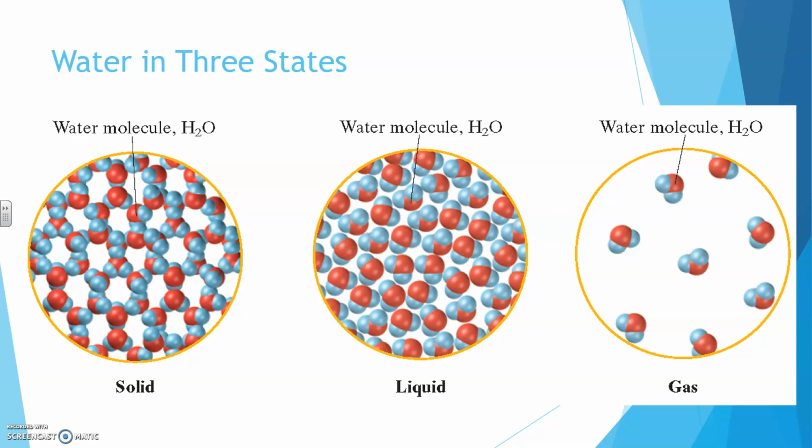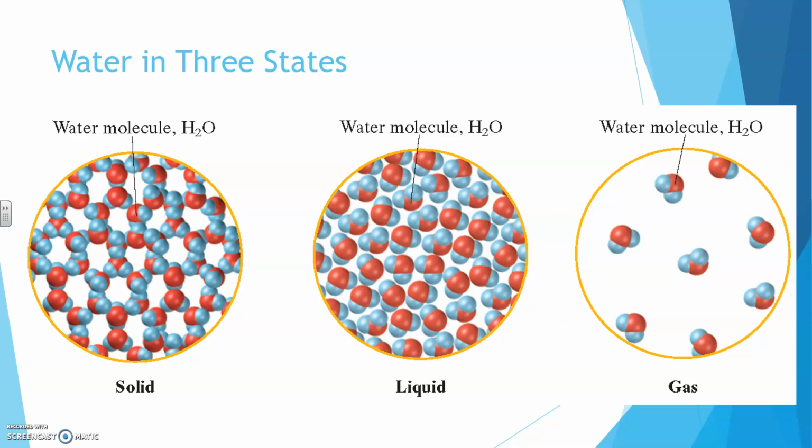We'll go into why later, but with liquids, usually you'll see the molecules a little bit more spaced out than in solids. In this case, it is opposite. The liquid water is denser than solid water, but then when you get to gases, these molecules are incredibly spread out.